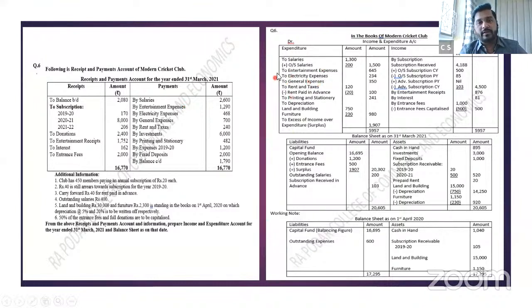I have purposely given you the second way as well. Another way of doing it: entertainment expenses on the debit side and entertainment receipts on the income side. As I said, ideally, the receipt should be shown on the income side, and entertainment expenses should be deducted from entertainment receipts.